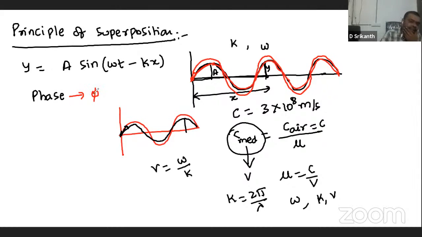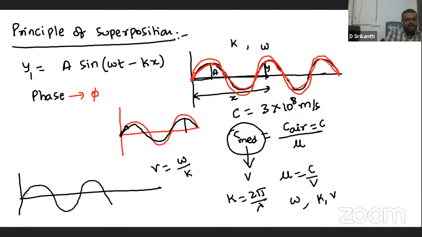Let us consider one wave like this, and another wave like this. This is wave 1 and this is my second wave.